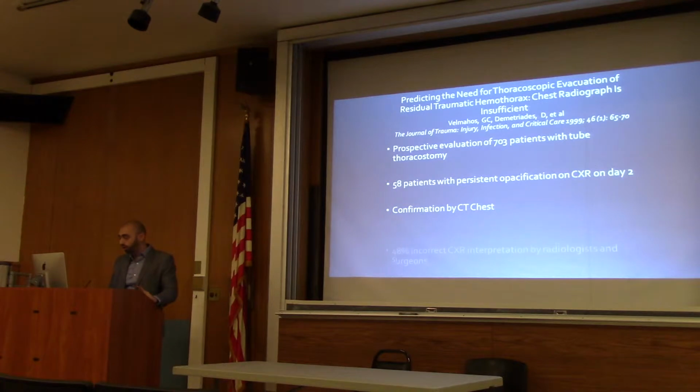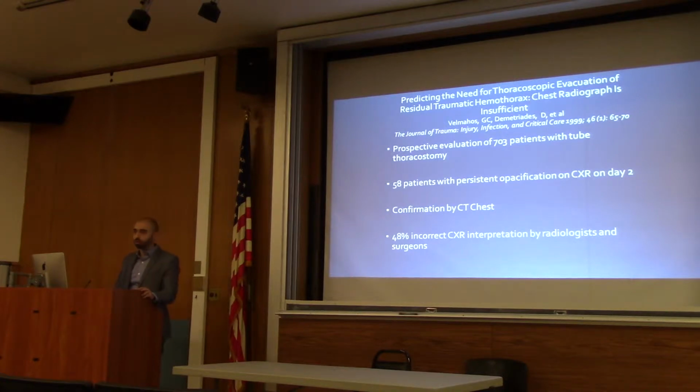But they also saw that nearly 50% of X-rays were interpreted incorrectly by radiologists and surgeons, stressing the importance of a CAT scan to make a diagnosis, because you really don't want to be acting on a consolidation and subjecting a patient to another chest tube or another intervention, because it's not going to be helpful. So CAT scan is very important.